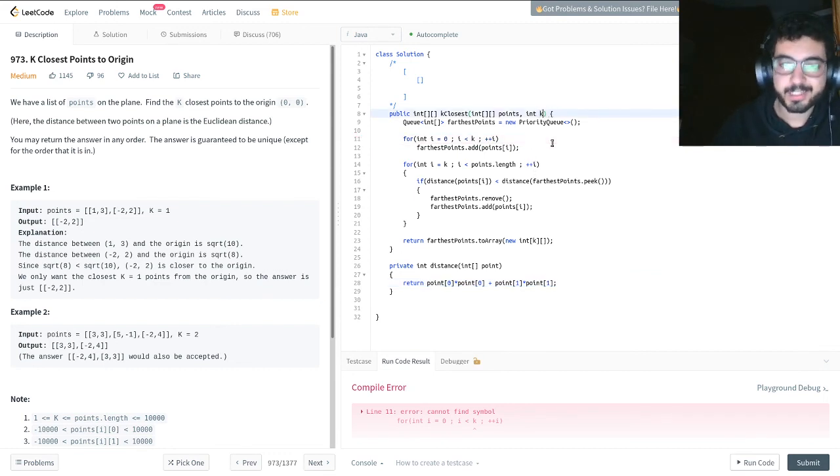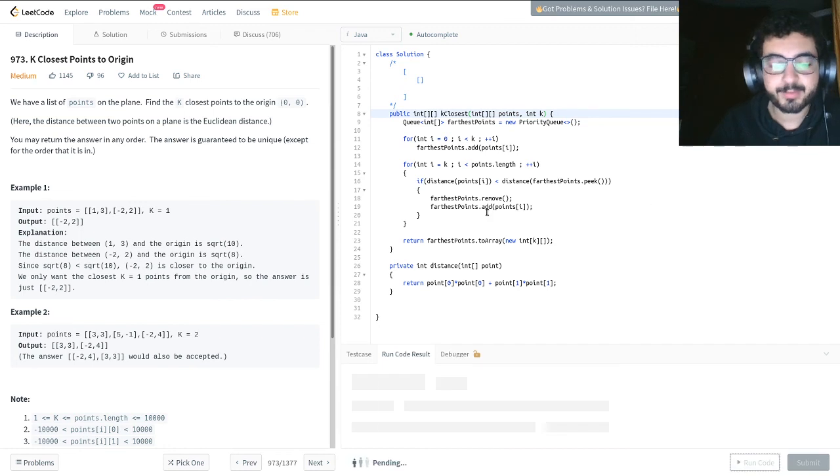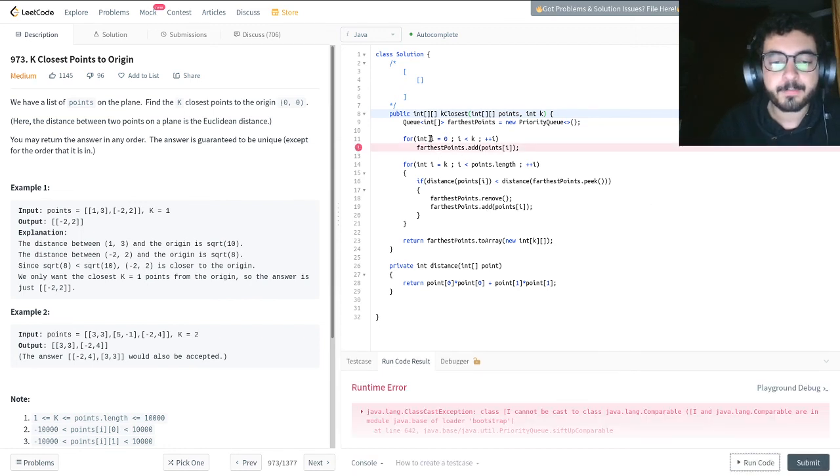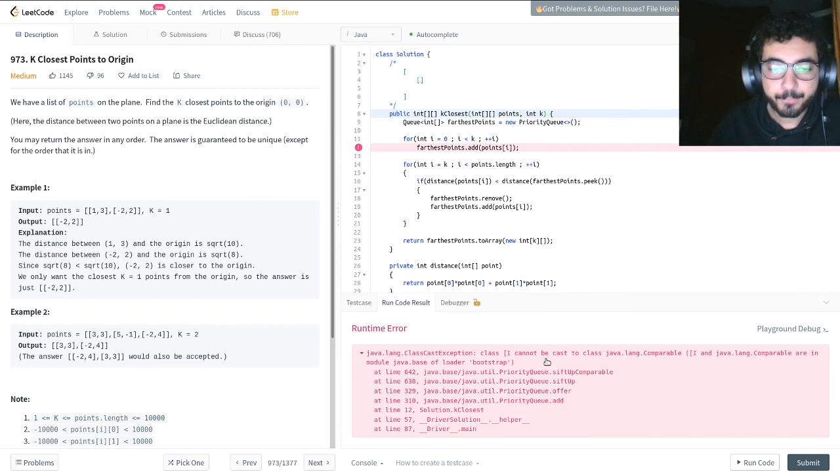Okay, k is uppercase, so let's convert it to a lowercase one. Wait.